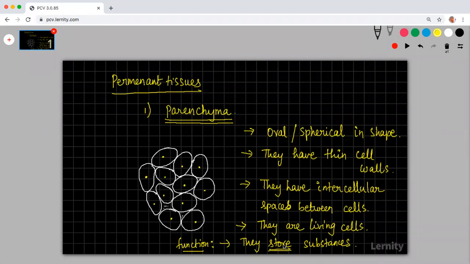They do not have isodiametric cells. How can they store? Take a carrot. What is carrot made up of? Carrot is fully made up of parenchymatic tissue. Whatever fruits you are eating are made out of parenchymatic tissues, and they store food reserves.